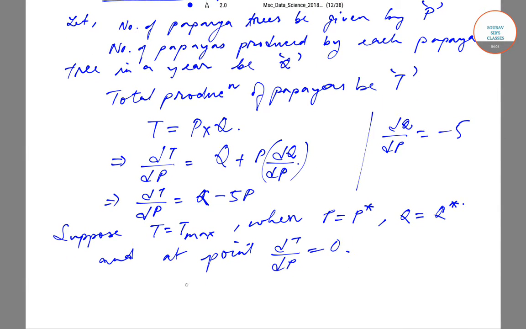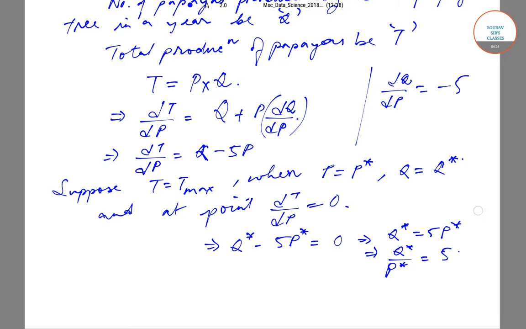Okay, so if this is equal to 0, that means Q star minus 5P star will be equal to 0, and that will imply that Q star will be equal to 5P star, and that will give us that Q star by P star will be equal to 5.